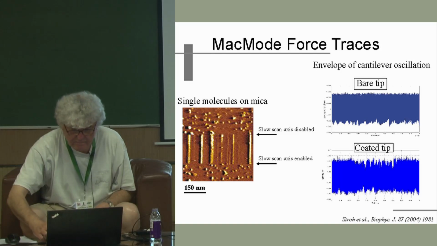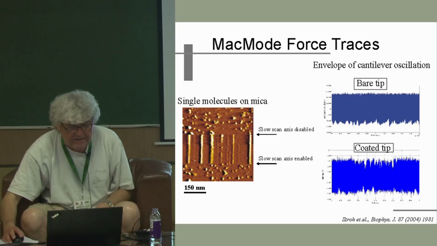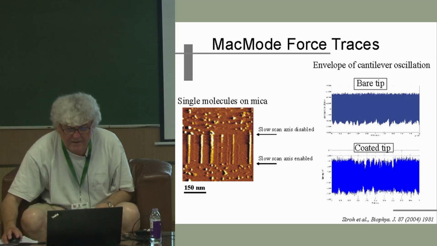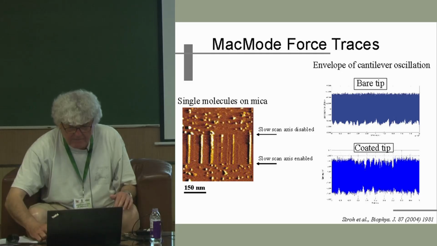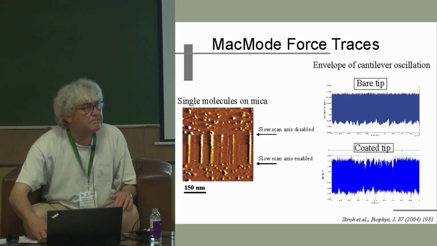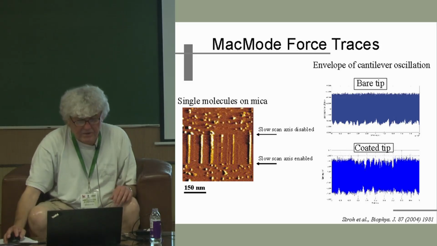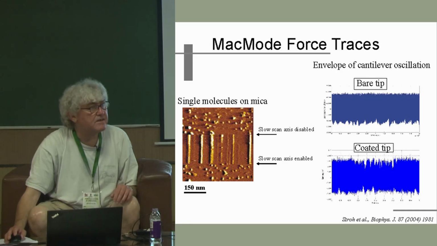This is just a line scan, and that's why you see the same here. This is with a bare tip. The proteins are arranged in a single line because we deactivate the scan in this direction, so it keeps going over the same protein.